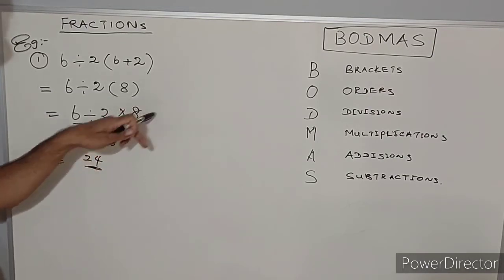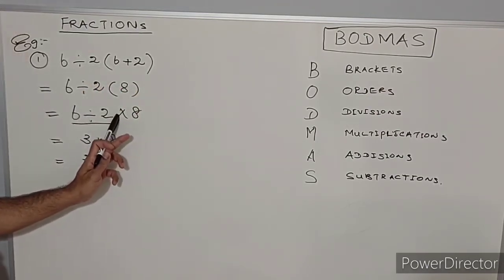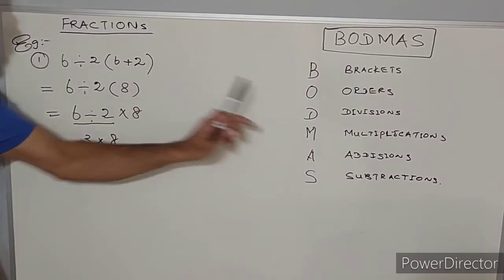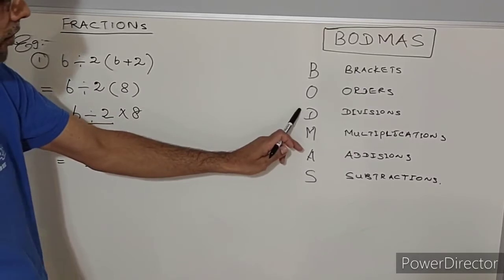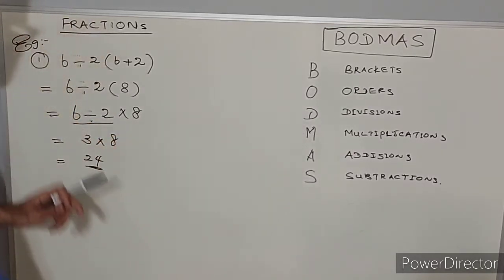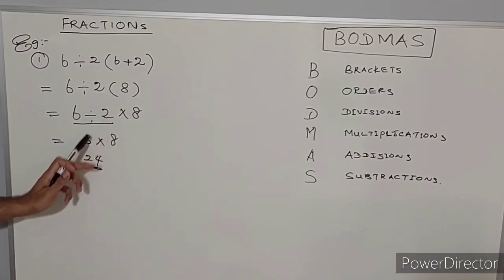Then I took out the brackets. Once you take out the brackets, it becomes multiplication. Now you have to do the division, because between division and multiplication, division is the first we have to do, then multiplication. Then division, 6 divided by 2 is 3 into 8. Then 3 into 8, 24.